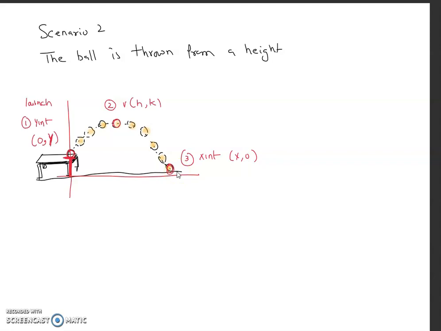We will also go through an example where we have an equation and find these points using our calculator. But keep in mind, those are the three points in every scenario in these projectile questions.